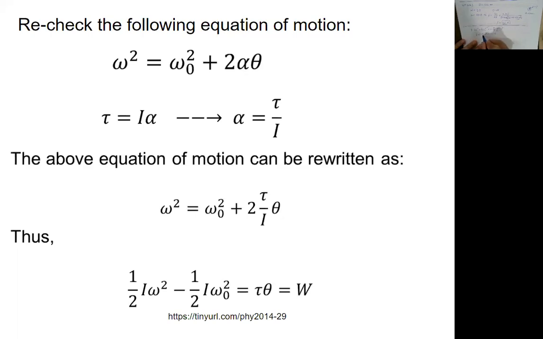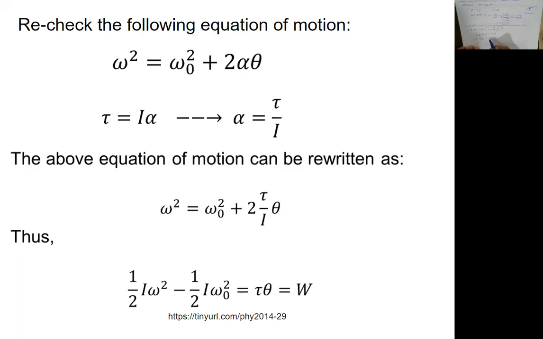Then move this term to the other side, so you'll have I omega squared minus I omega 0 squared equals 2 times tau times theta. Because tau times theta is the work W, right?